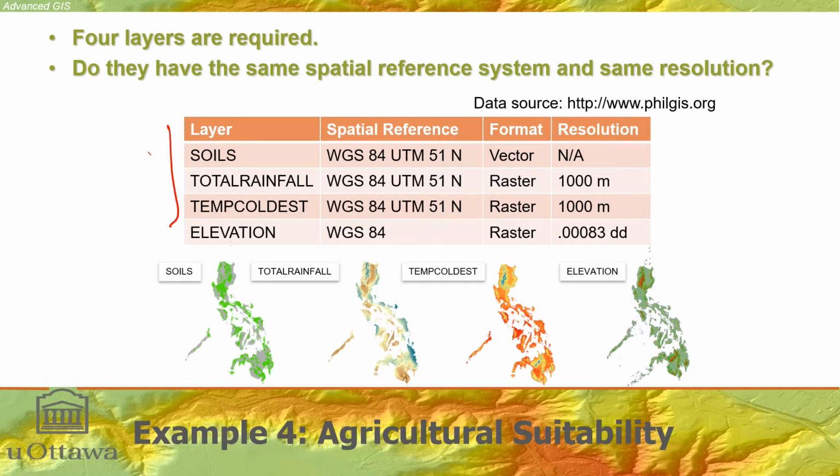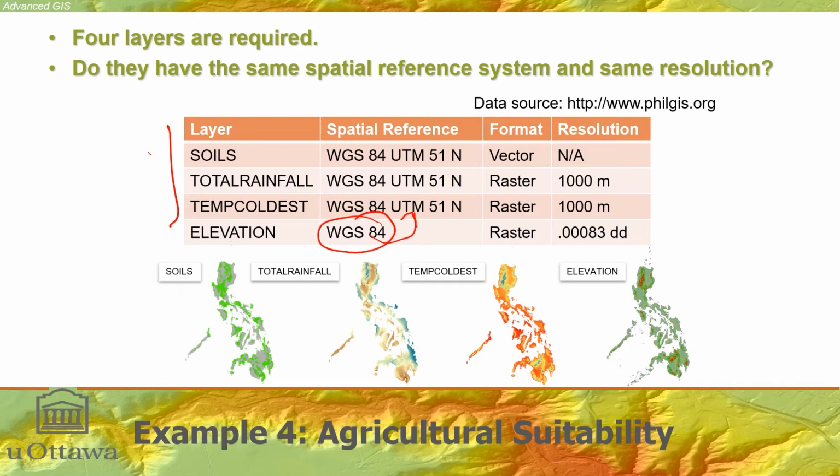So it would make most sense to transform everything here, in this case, to transform elevation, I should say, into the UTM 51 North system for 2 reasons. One, it makes sense because of the amount of work that's involved. Why would we want to transform all 3 into the WGS 84 system? Secondly, the WGS 84 system is not really appropriate for analyses that require computations of distance like slope does.